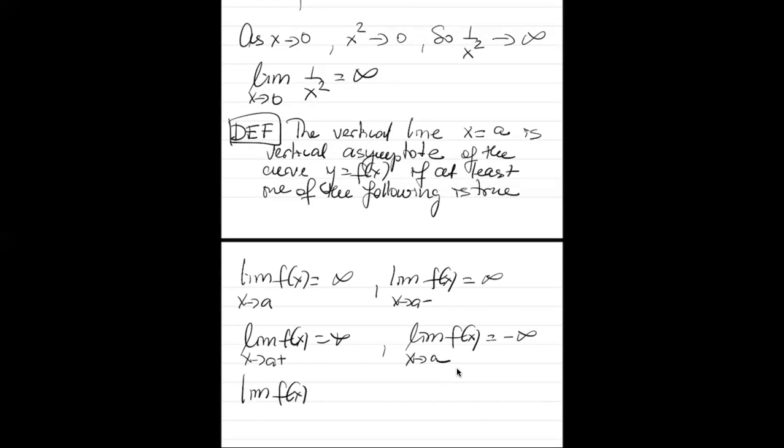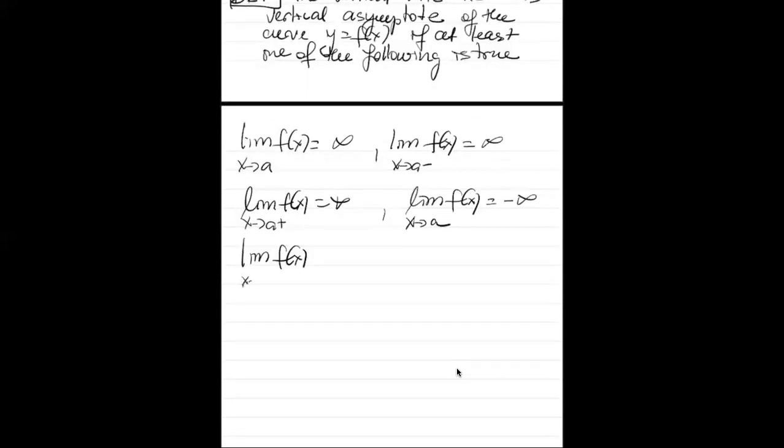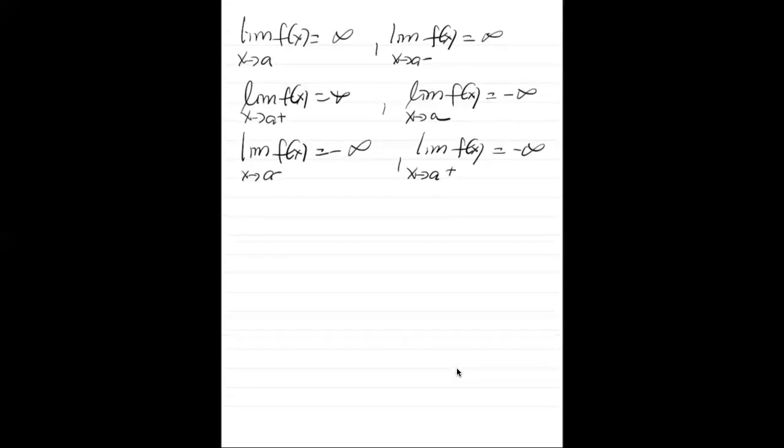And lastly, x is approaching from the left or from the right. Okay, so you have 6 possibilities for a vertical asymptote.